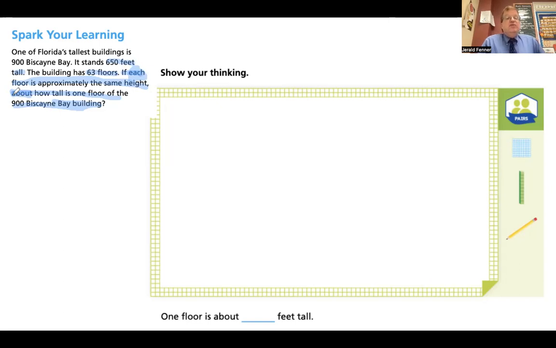So our actual division problem would be 650 divided by 63. So if we were to find the estimate, always round the divisor first. 63 would round to what? 60.